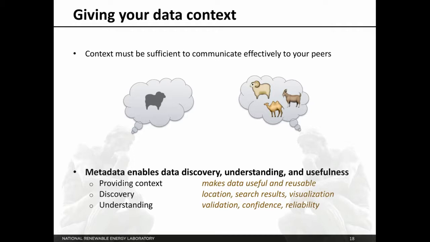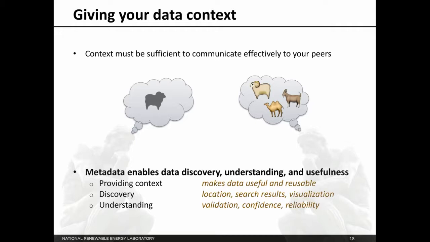The worst case scenario, I think, would be if somebody was 100% confident they were using your data correctly and they absolutely weren't. So we want to make sure we provide them all the information they need to truly understand where your data came from and what they need to know in order to use it wisely.